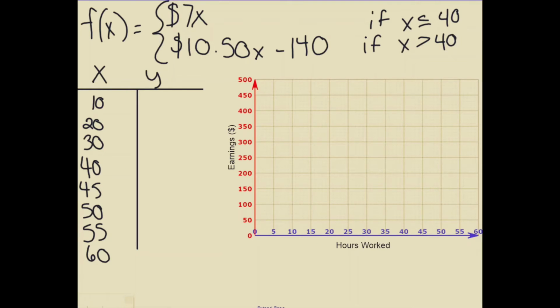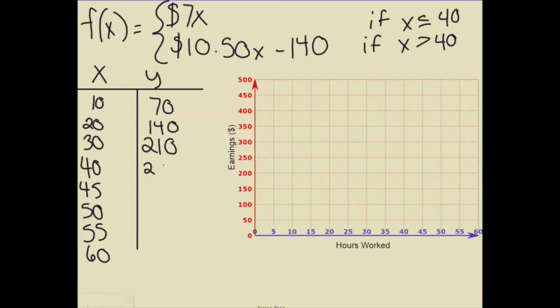So finally, we are going to graph her wage equation. So at the top, we have the piecewise function that we just solved, and the x values are the number of hours worked, and the y values are her total earnings.